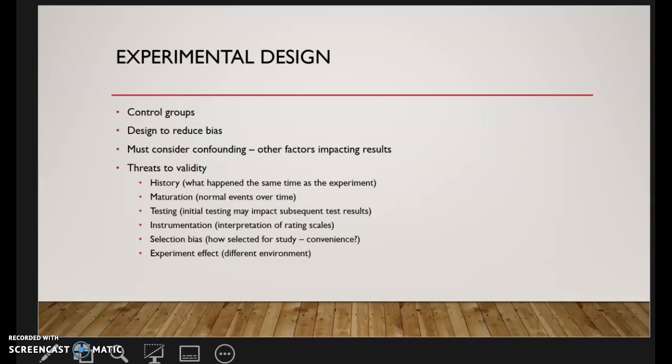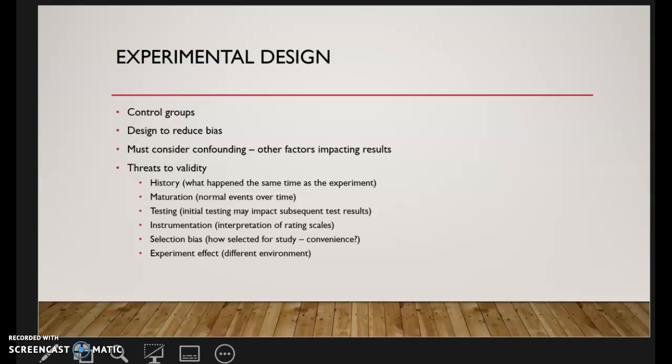So when we dive into experimental design, very often we have control groups. The design is to help reduce bias, so there's not other things going on. But when there's the human experience, there's always factors that aren't exactly the same within groups, and usually we try to control for those differences and consider those differences when we're looking at the results or the statistics.